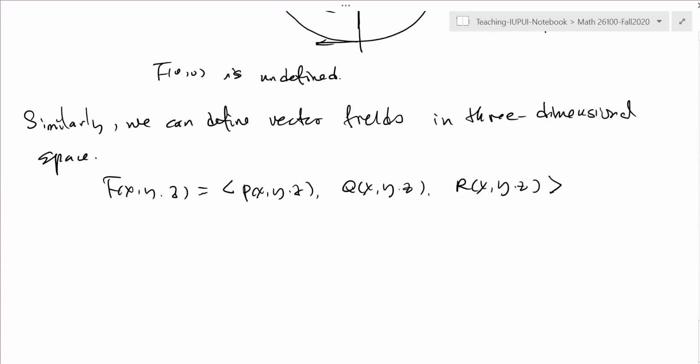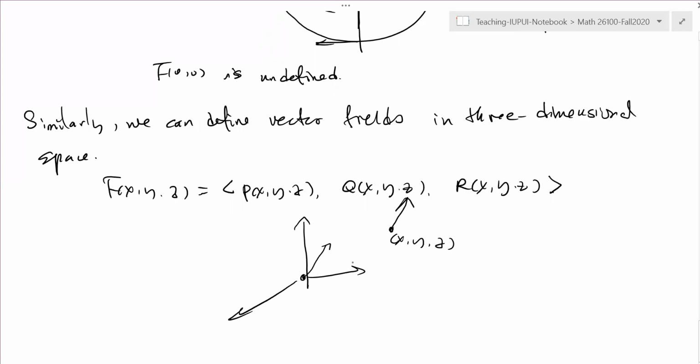In three-dimensional space, if you want to draw the vector without specifying the origin, the standard position will always be here. But if you specify the point, then that will be the vector I'm talking about.